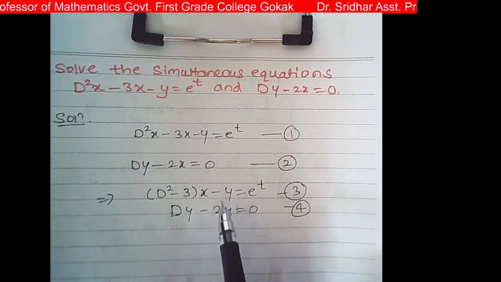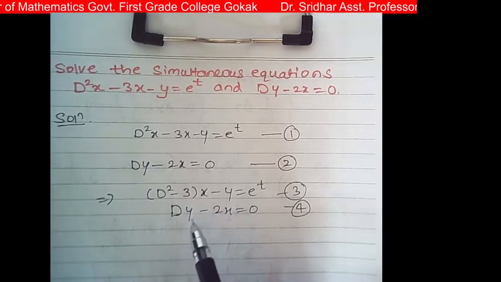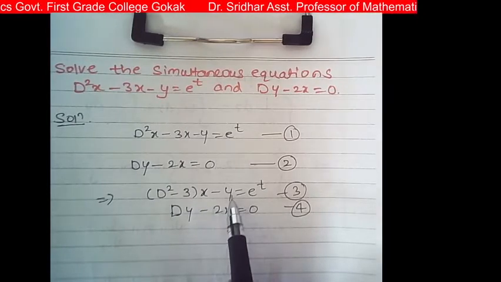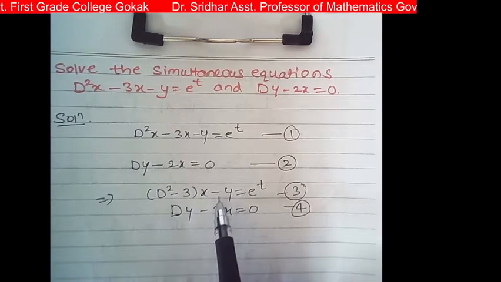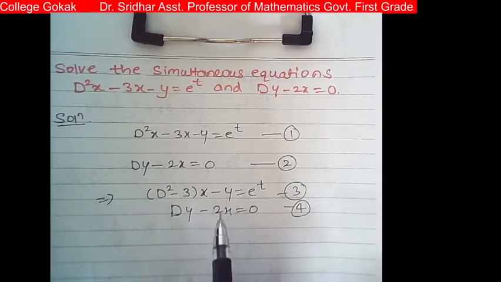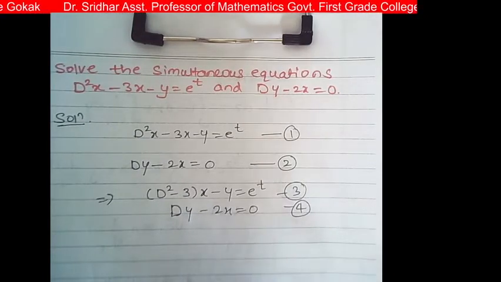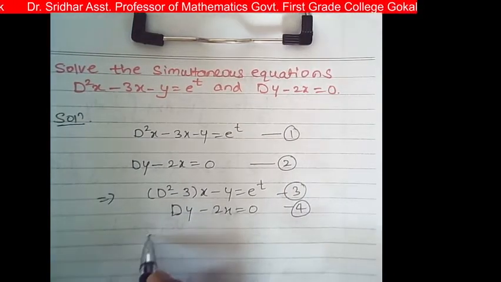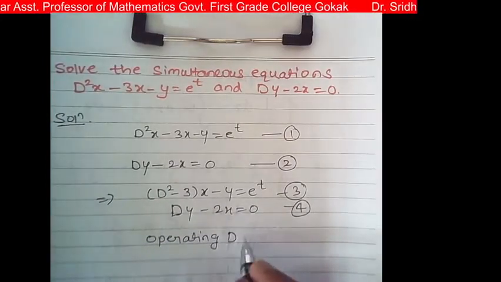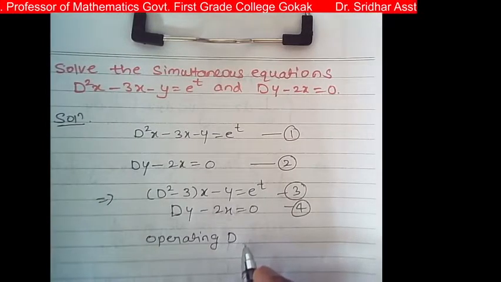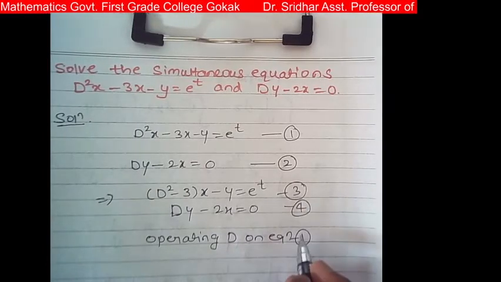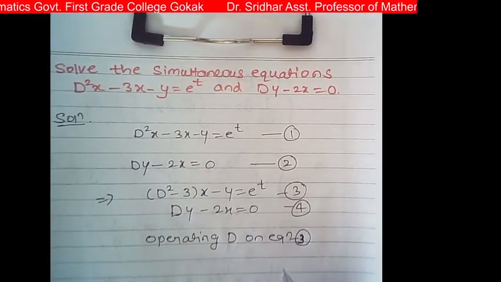To eliminate y, I should make the coefficient of y the same. Here we have y and its coefficient is 1, and here we have y and its coefficient is D. So we have to make the coefficients the same. So what I do, I operate D on equation 3.